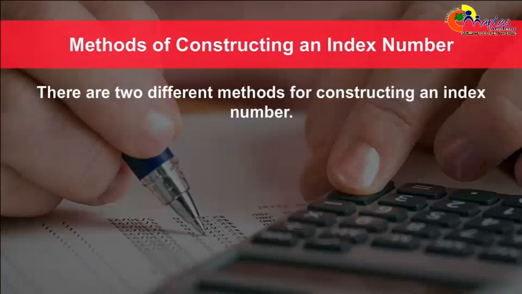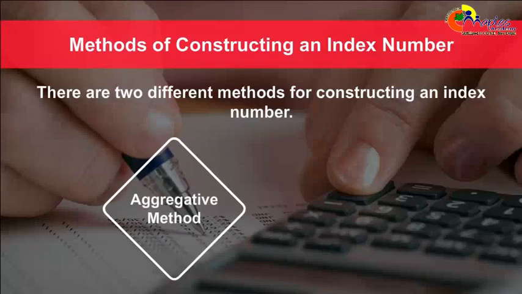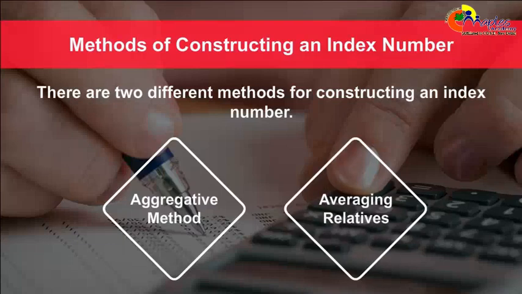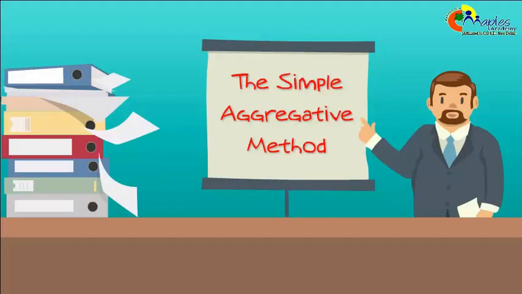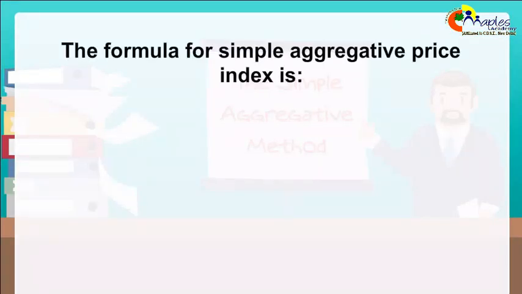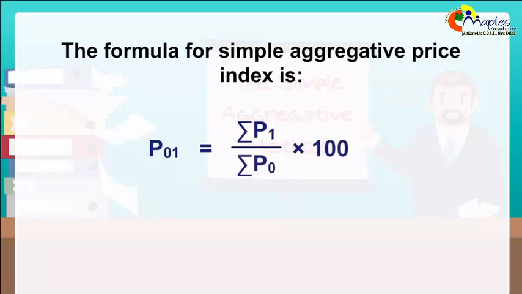Methods of constructing an index number. There are two different methods for constructing an index number. It can be calculated by using the aggregative method and by the method of averaging relatives. The simple aggregative method. The formula for simple aggregative price index is P01 is equal to the sum of P1 divided by P0 multiplied by 100.